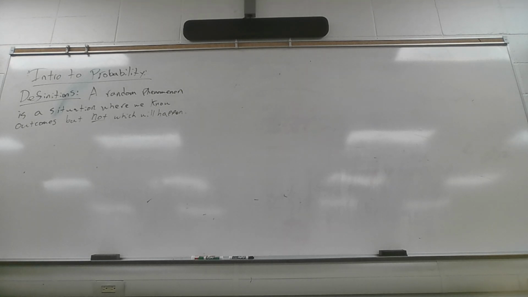It doesn't mean anything. Sort of like if you flip a coin and it lands on its side, the answer is not, aha, well, I won either way. It's like, no, flip the coin again, right? So we're only going to care about situations where we know the possible outcomes that could happen, but just not which one will happen, right? Could be any of them.